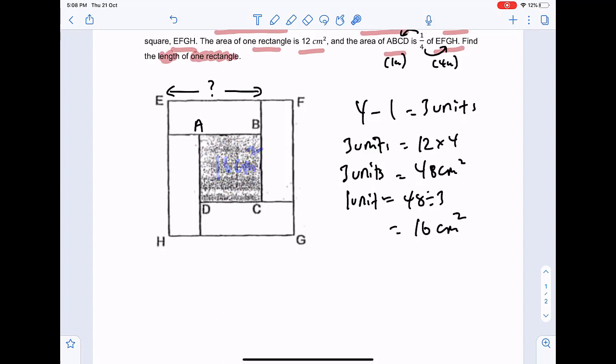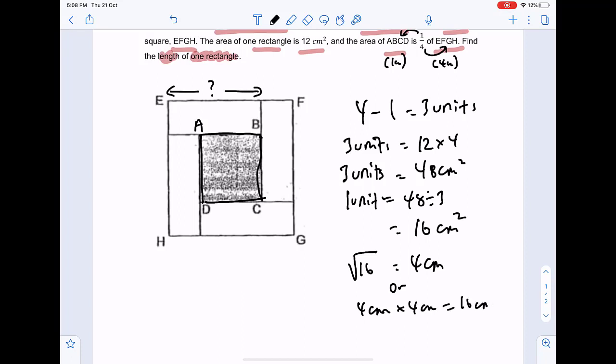square cm. So to find the length of this square in the middle, we can do a square root of 16, and that is 4 cm. Or we can ask ourselves, what times what gives us 16 square cm.